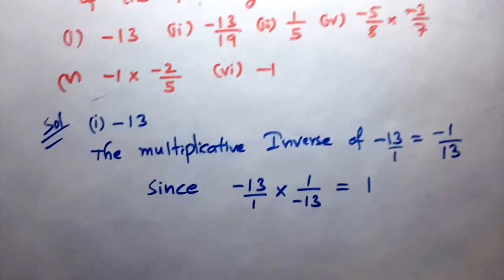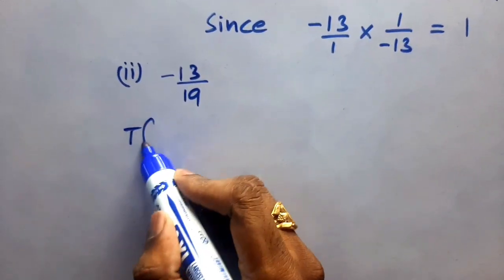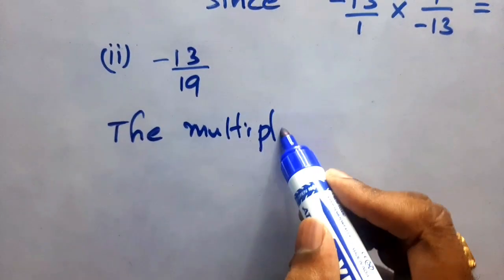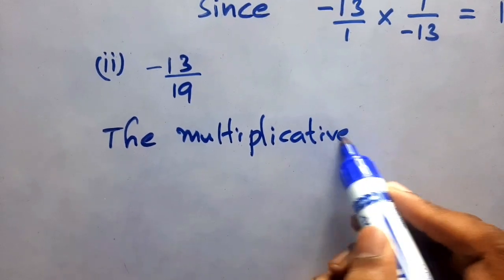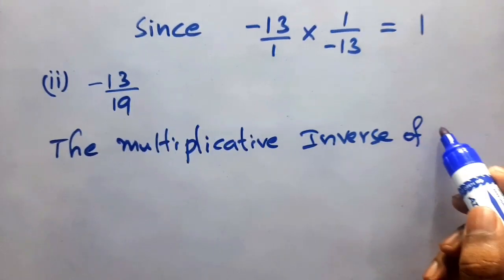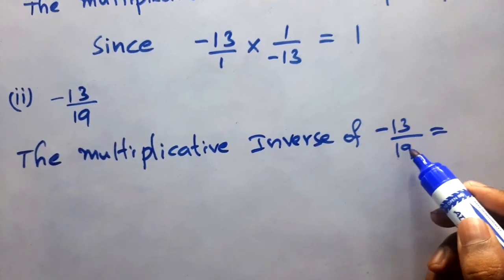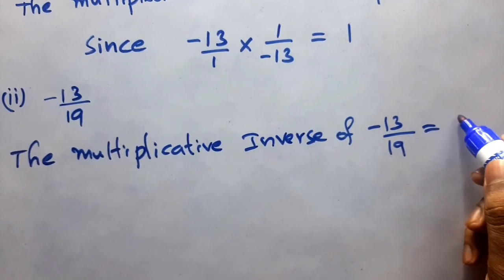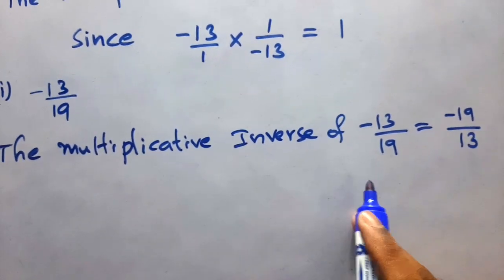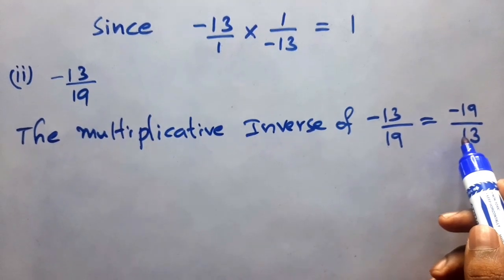Okay. See the next one, minus 13 by 19. So you can write the multiplicative inverse of minus 13 by 19 is, so reciprocal of this, minus 19 divided by plus 13. So minus you have to take in the numerator place only, don't take in the denominator place.